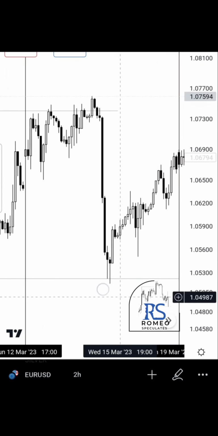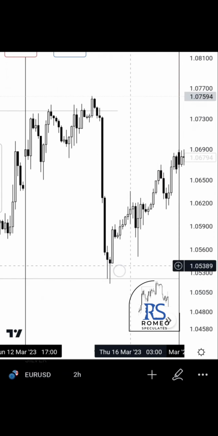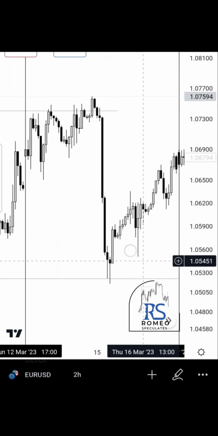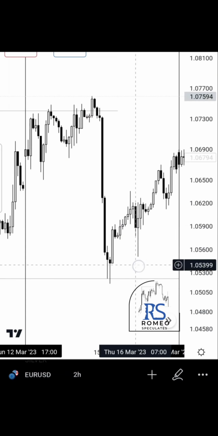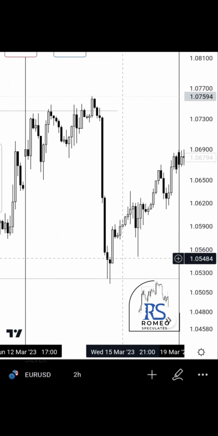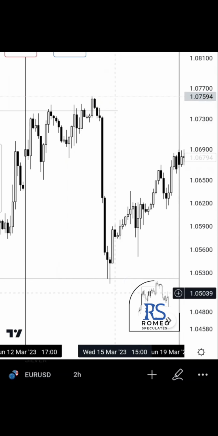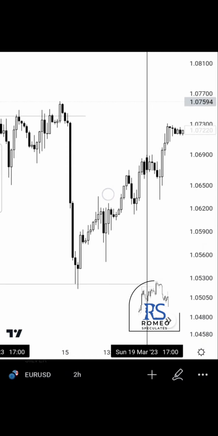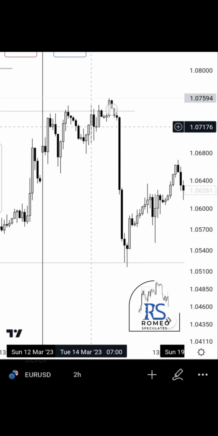You got the attack, the turtle soup of the previous week's low, displacement, a 4-hour FVG, which can be reasonably expected to hold as a buy, and you can target at least 50% of the price swing, because when you see these sharp price moves, they will usually be retraced at least by 50%, right? So that was the idea of the trade.